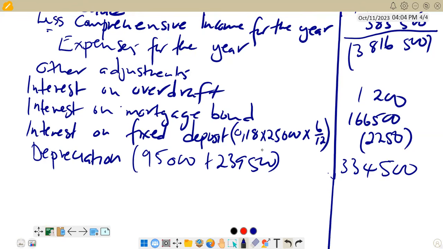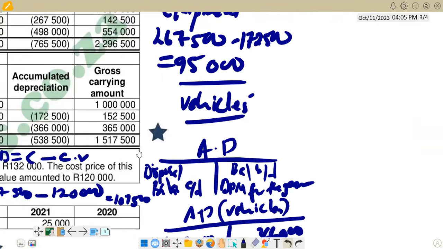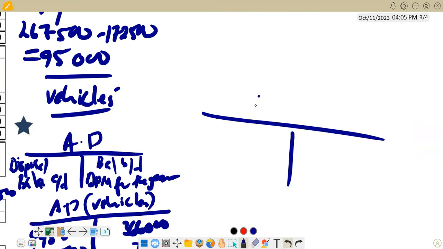So remember also there was a disposal. So we would like to see if we have got a loss or a profit on disposal. Basically, when we are preparing our disposal account, this is our disposal account.